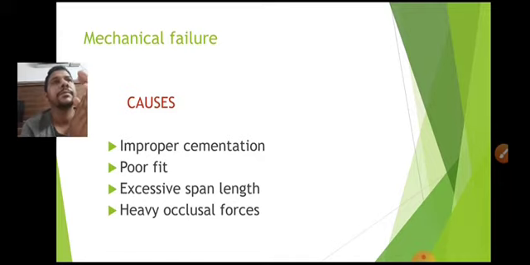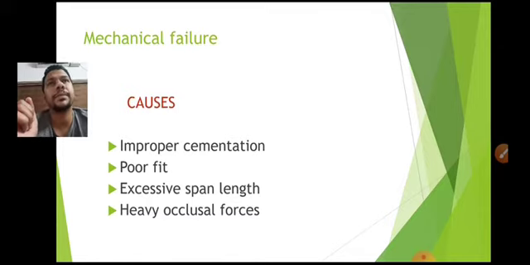For example, you are planning to replace the 3-4, that is the first premolar. If you think in a conventional way, you can take the neighboring teeth, that is the canine as well as the second premolar, as abutments for that FPD. If the patient is a complete denture wearer on the maxillary arch, you can think about a cantilever FPD.